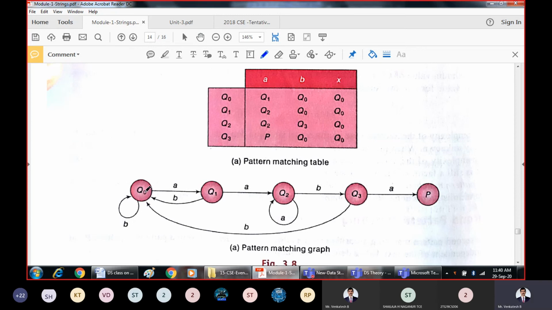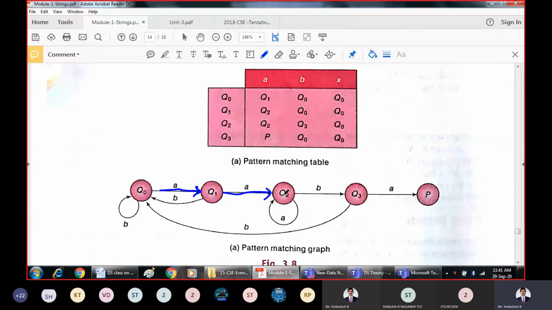When you are at Q0, and you are reading a character A, that is what I want. From Q0, if you read A, you should go to Q1. From Q1, if you read A, you should go to Q2.